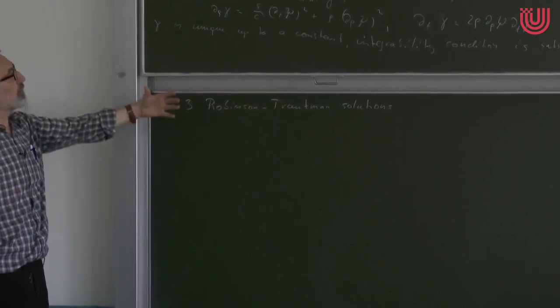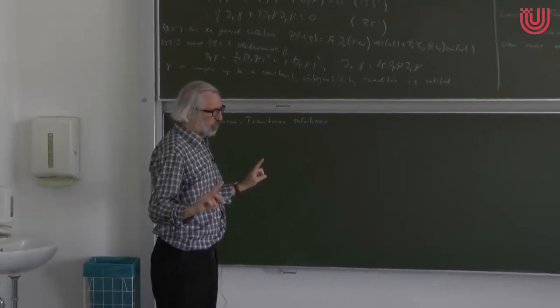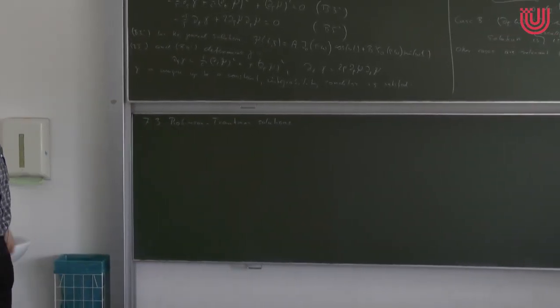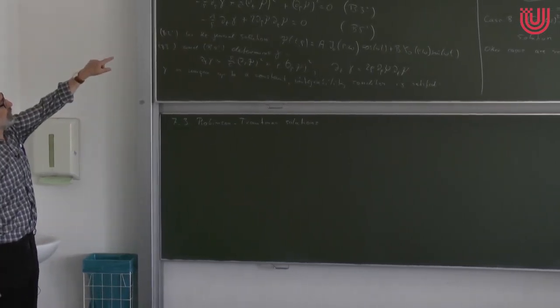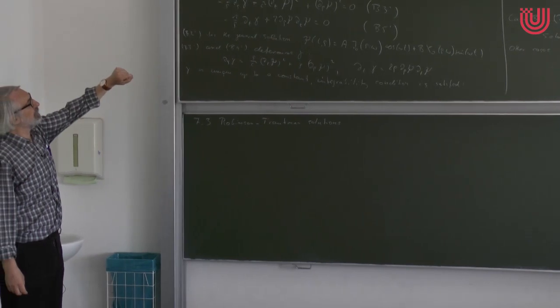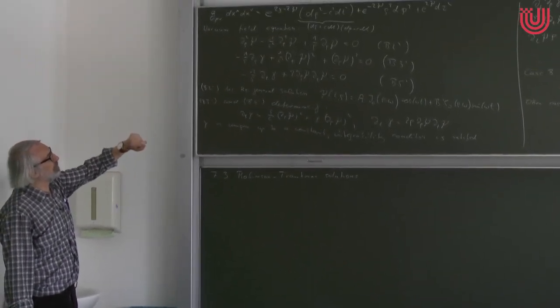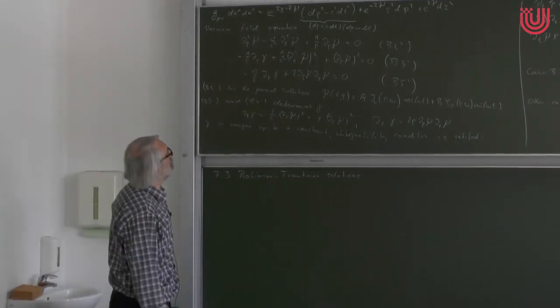One was ingoing, one was outgoing. Again, these are light-like hypersurfaces ruled by light-like geodesics, by rays. These are the vector fields d by d rho plus 1 over c d by dt, and d by d rho minus 1 over c d by dt.